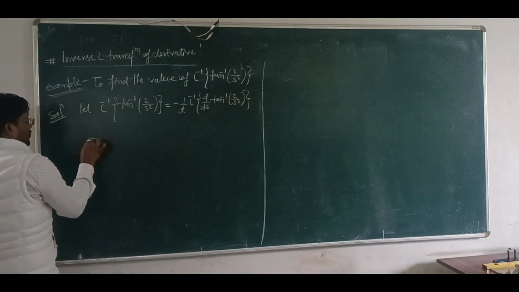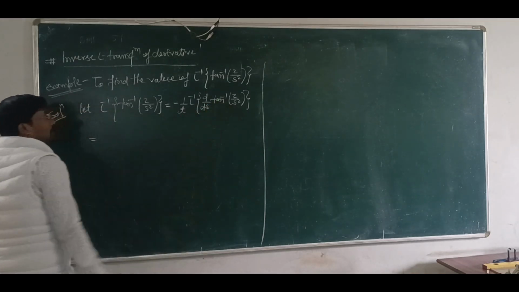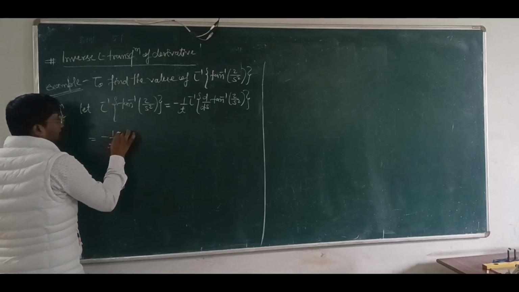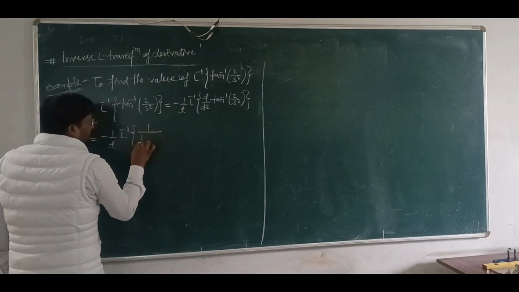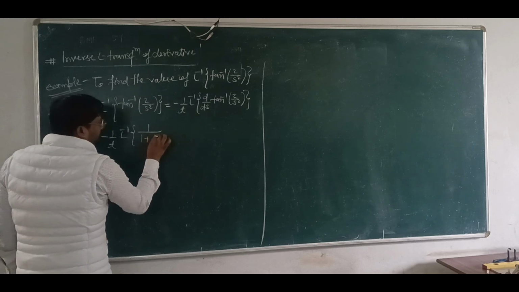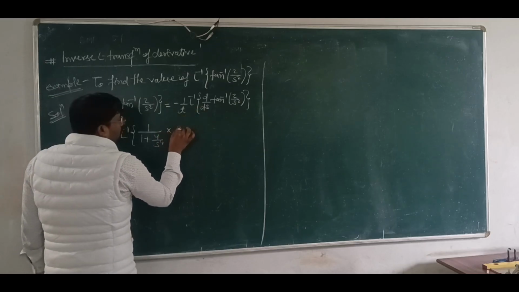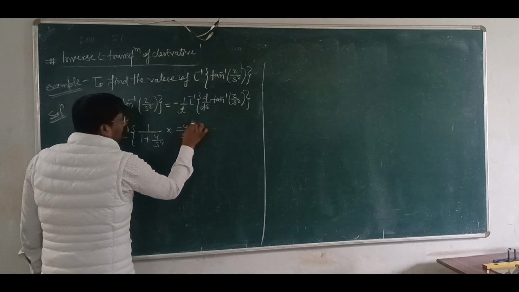Now you can differentiate tan inverse 2 upon s square, minus 1 by t inverse Laplace of this: 1 upon 1 plus 4 upon s to the power 4, into minus 4 upon s to the power 3.